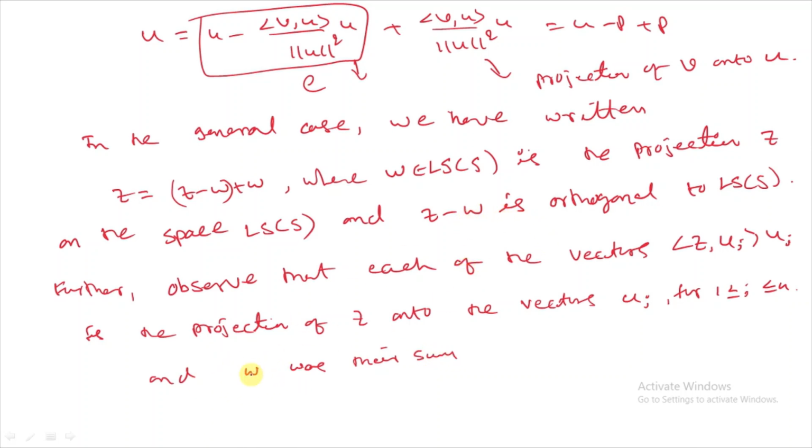A linear span means a sum, a combination of the vectors.